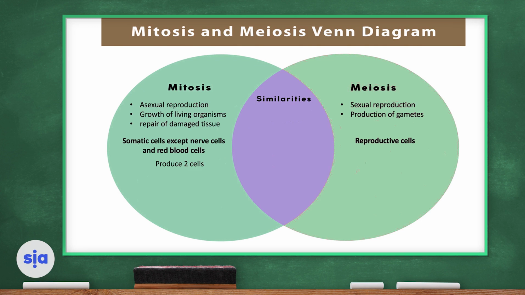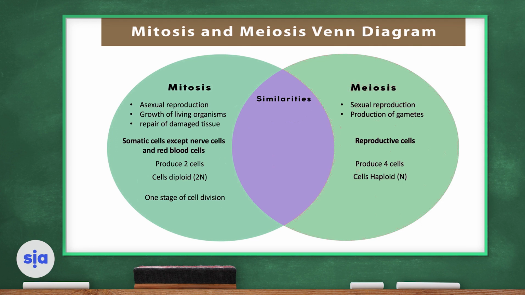Mitosis produces 2 cells, while meiosis produces 4 cells. The 2 cells produced as a result of mitosis are diploid, having the complete set of chromosomes, while the 4 cells produced from meiosis are haploid, having half the number of the chromosomes.